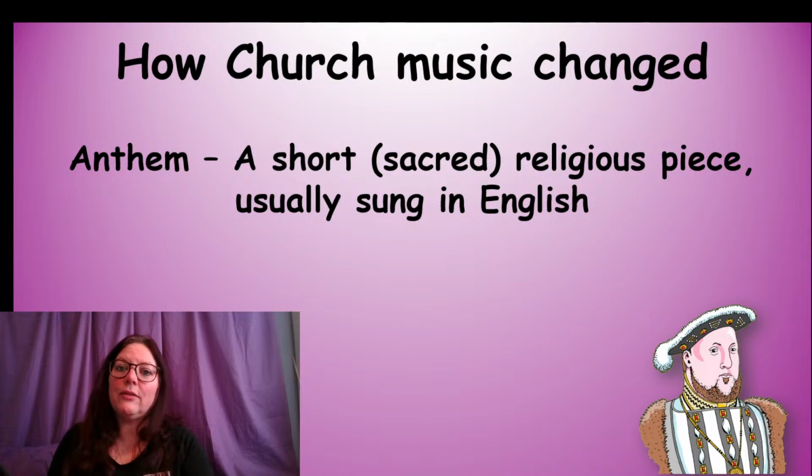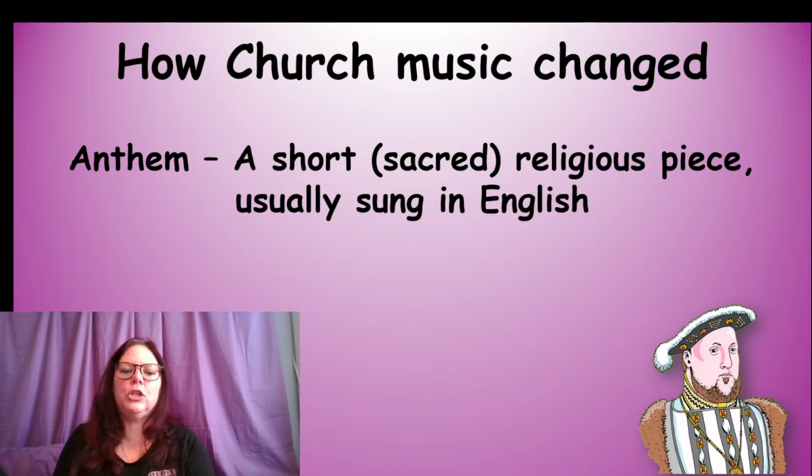Now she was a Catholic, and so she wanted people to worship under the Catholic Church. She followed the Pope's teachings. And then when Mary died, Queen Elizabeth I became monarch, also Henry's daughter. And she was a Protestant, so she believed in her father's idea of the Church of England.